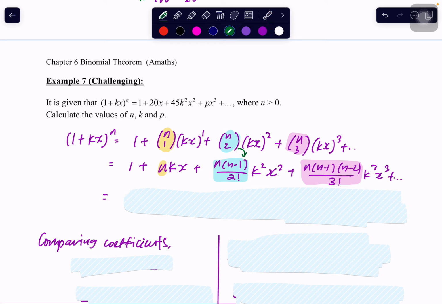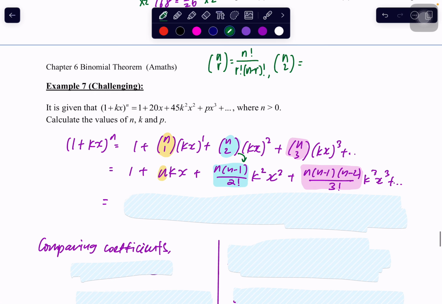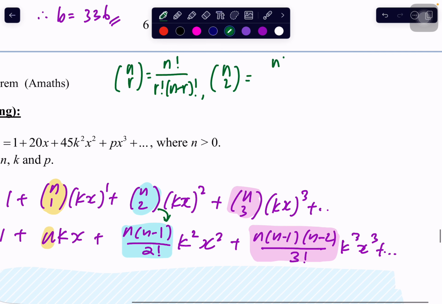Based on the definition of n choose r, this is n factorial over r factorial times n minus r factorial. If r is 2, I'm just going to replace my r terms with 2. So this will be n factorial over 2 factorial times n minus 2 factorial.